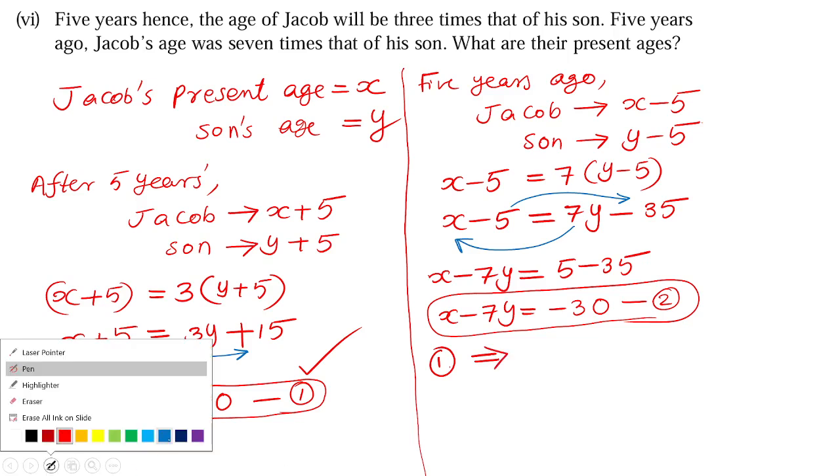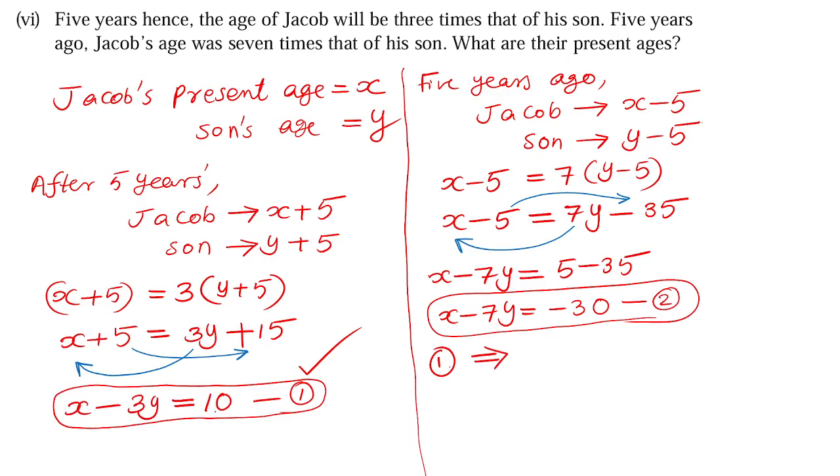The equation is to be converted to x equal to something form or y equal to something form. Let me take that minus 3y to the other side. What happens to equation 1? The equation 1 becomes x equal to 3y plus 10. I got this from 1.